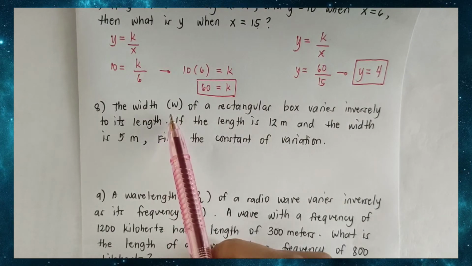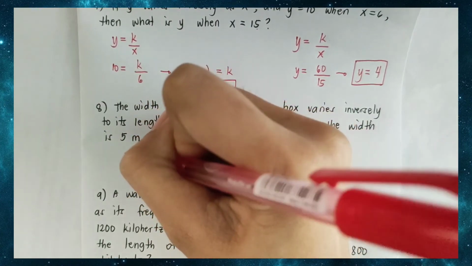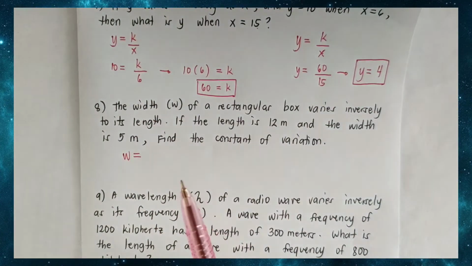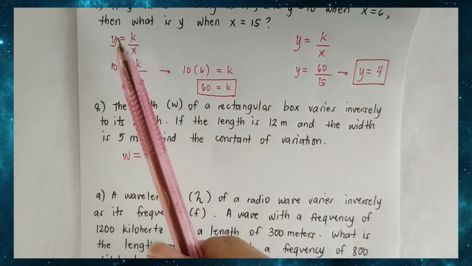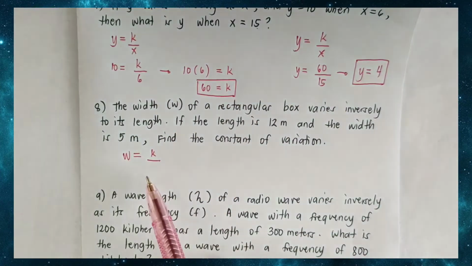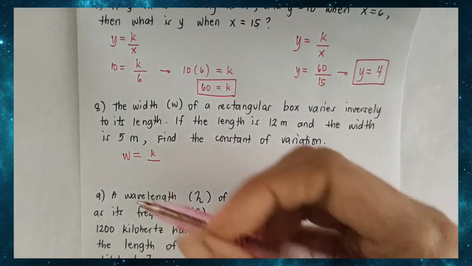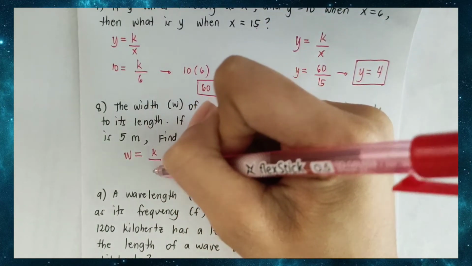Width is represented by the letter W. So this will be our equation. W is equal to, inversely, meaning to say we will use this formula. So we have k as our constant of variation over the length. So we have, let's say the representation of length is L.